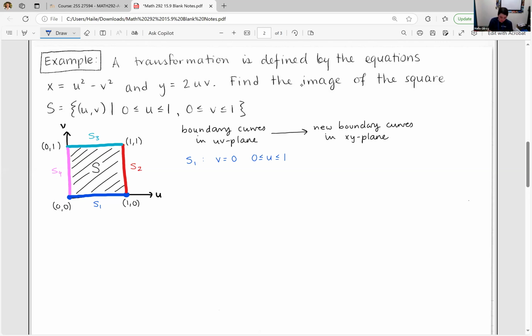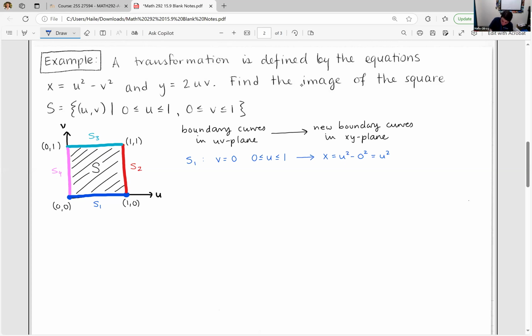If I were to transform this into X and Y, I know that X is equal to U squared minus V squared, but we know that V is always 0. So X is just equal to U squared.